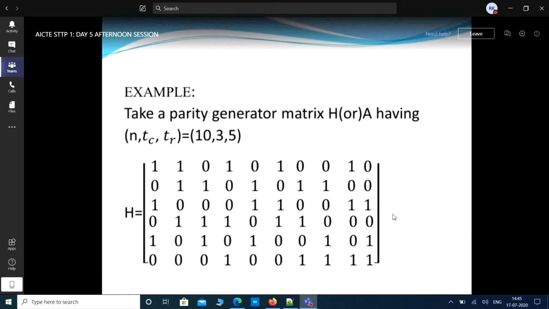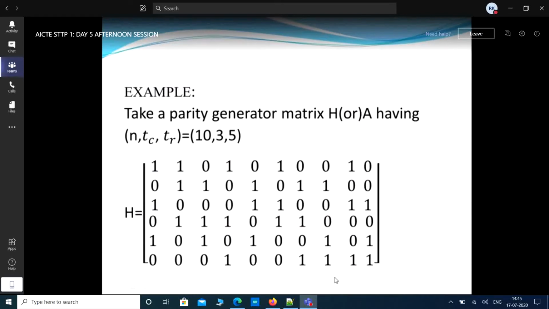Yeah, ma'am, continue. Okay. Take a parity check matrix, H or A, with n comma tc comma tr. The length of the code word is 10, each column contains 3 ones, and each row contains 5 ones.